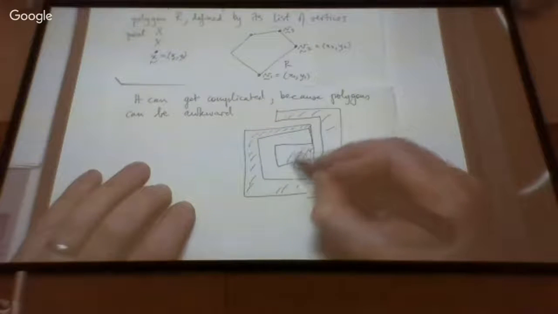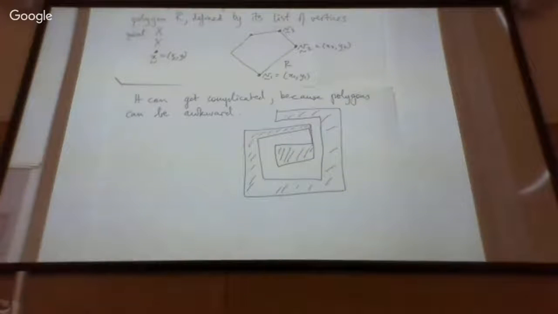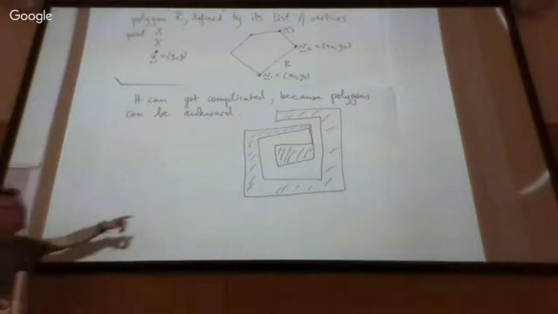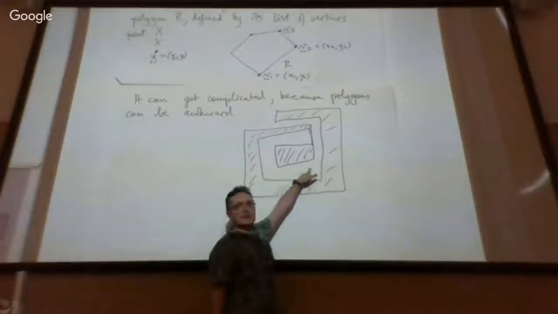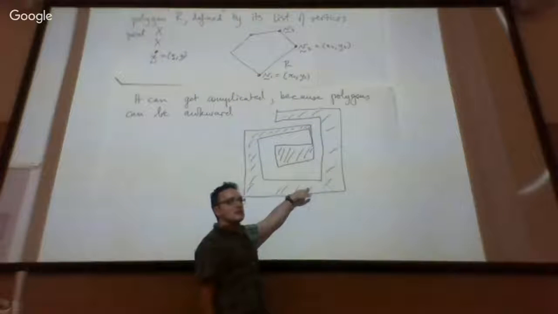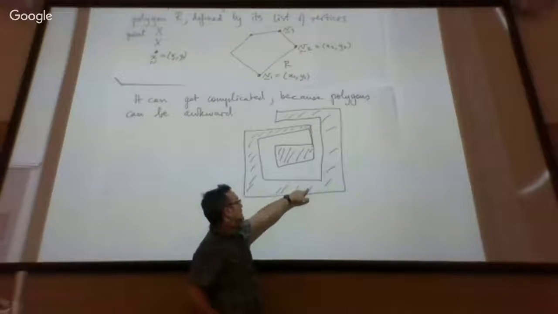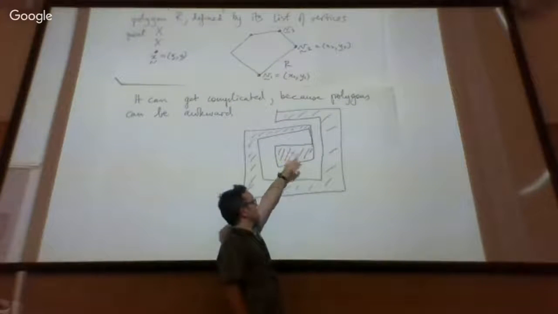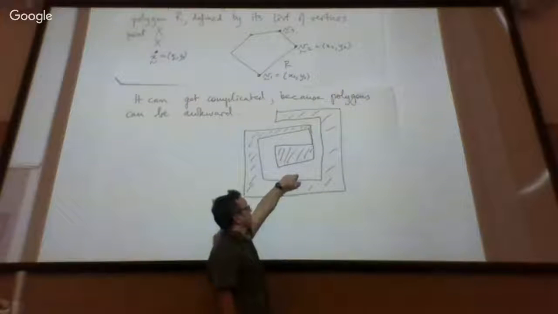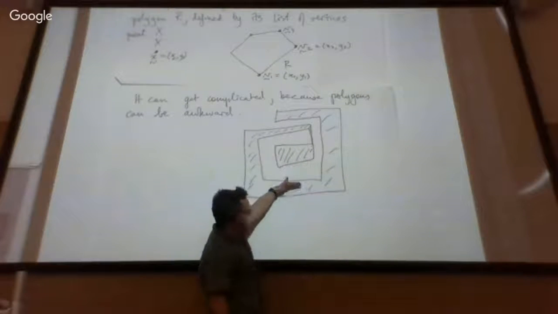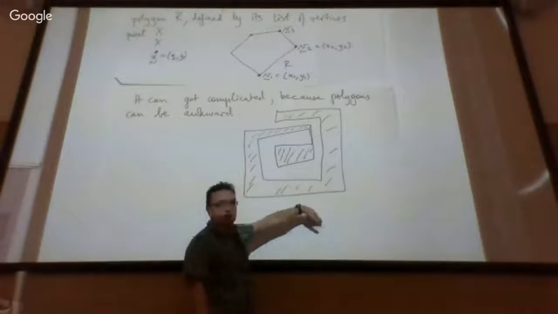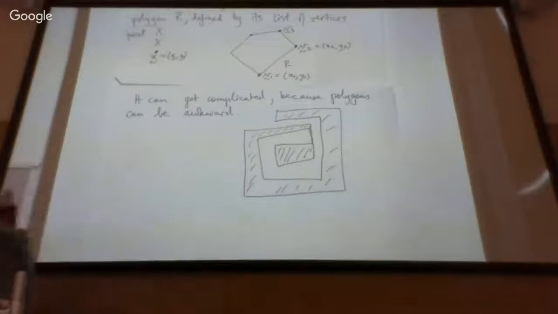So it narrows a bit there. Points in this region here are outside the polygon. These points are inside the polygon. There's an inner bit here surrounded by an outer bit, but then here's an inner bit, and then there's another outer bit on the outside.